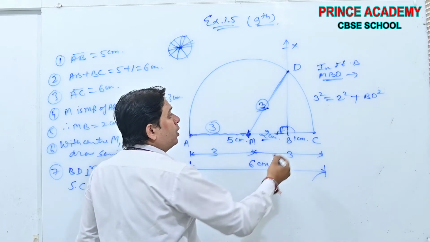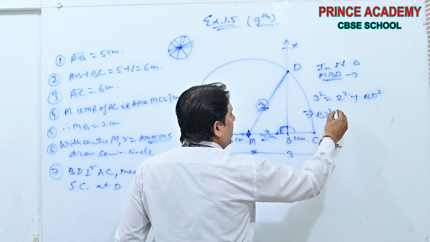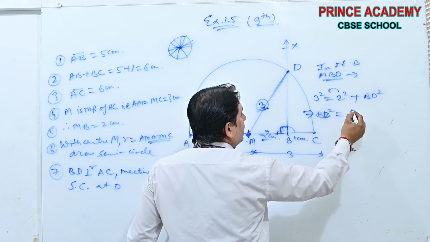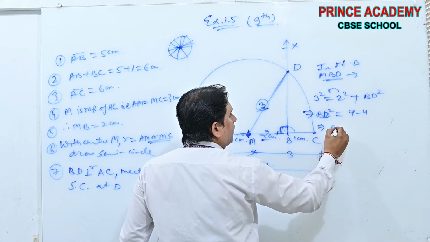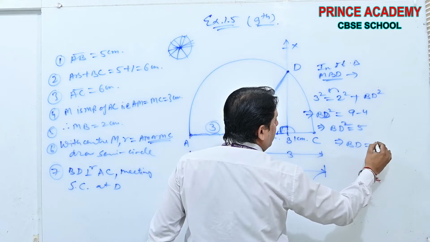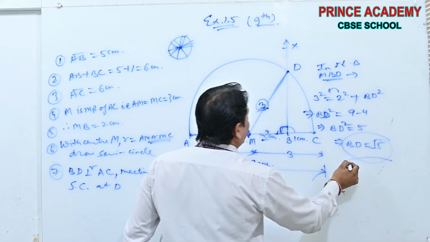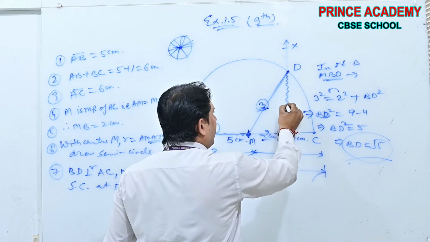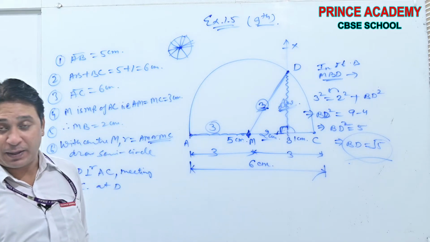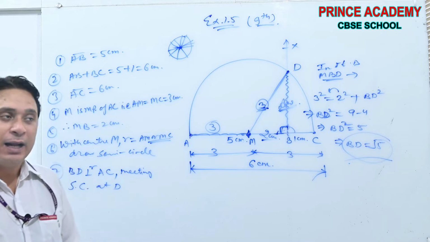Yes or no? From here, BD square will be 9 minus 4. BD square is 5. BD will be root 5. It means this length will represent root 5. Are you getting my point?